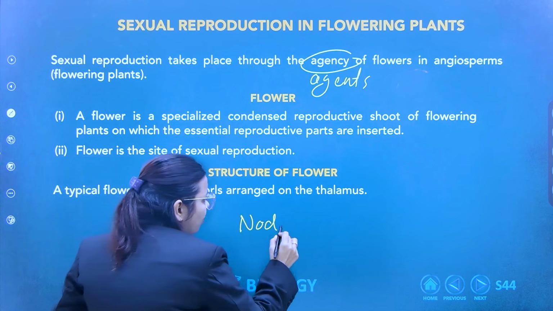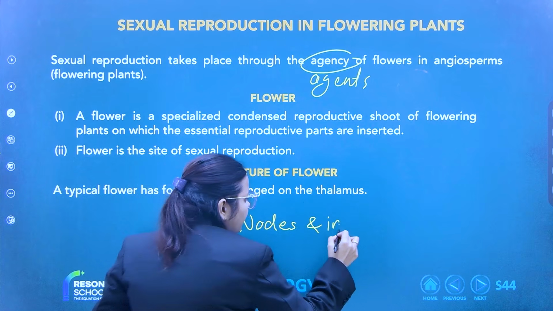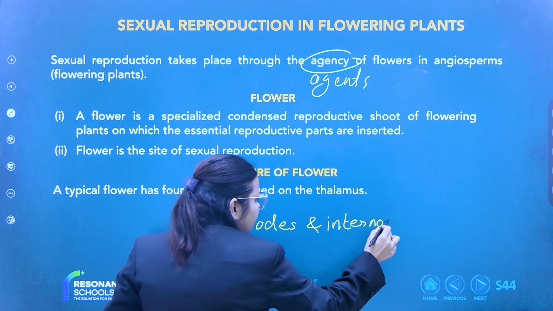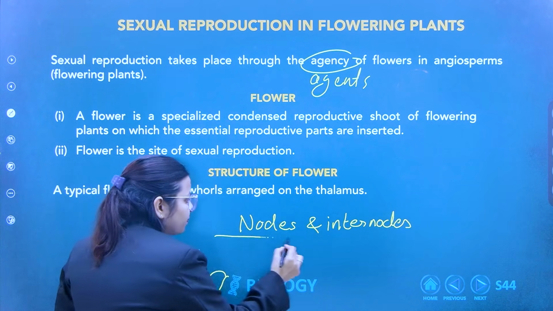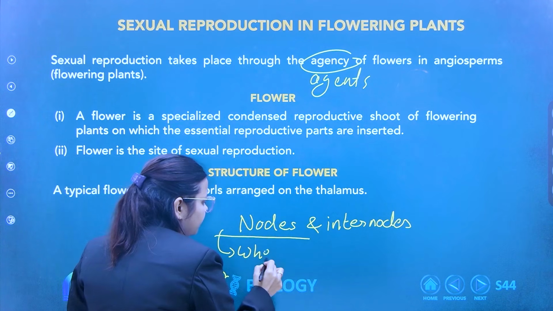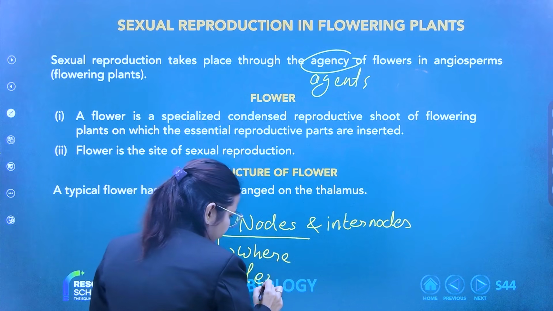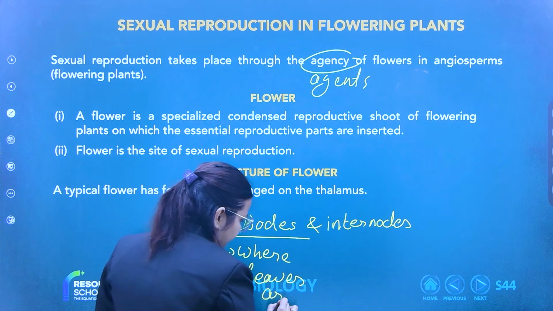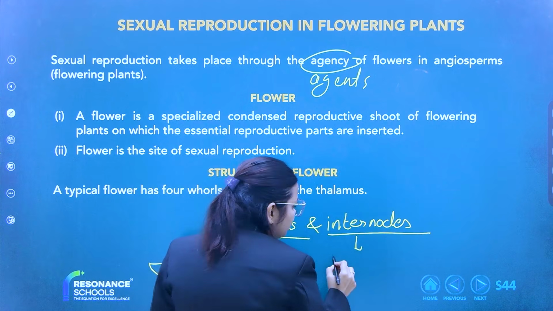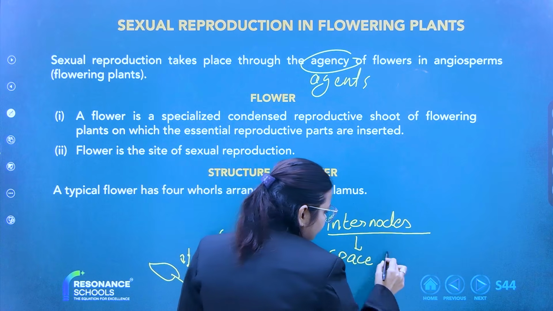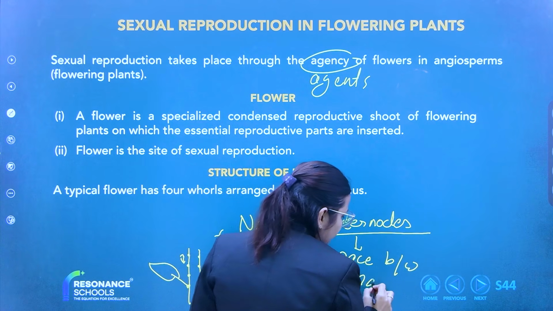So now you know about nodes and internodes, right? Nodes are where leaves arise. And what is an internode? The space between nodes.